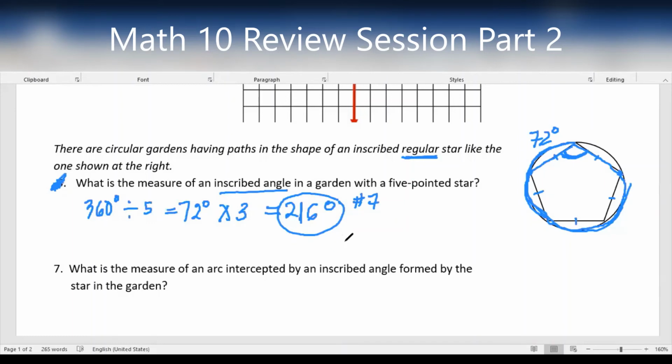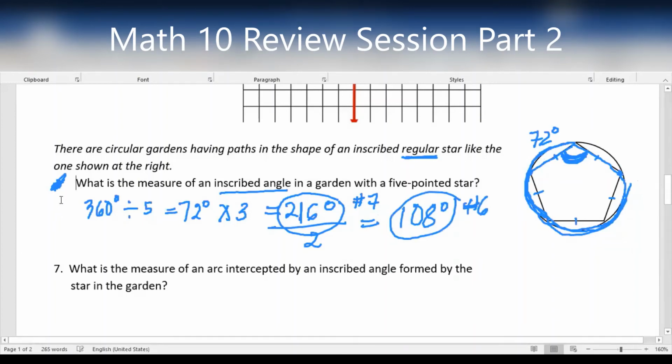For number 6, we have to divide 216 by 2. Kasi we know that this is the arc. And then for us to know the inscribed angle, divide the arc by 2. Kaya 216 divided by 2 is 108 degrees. So, ito yung number 6. Answer in number 6. Okay po, may tanong? So, this is number 6.